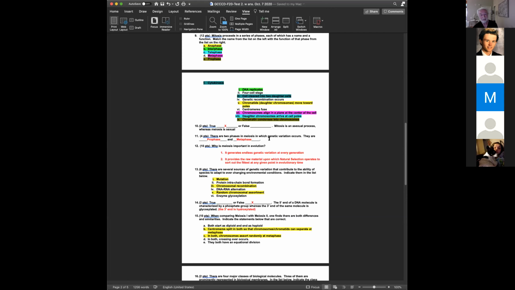And the second part that we talked a lot about in lecture is that natural selection then uses the raw material that's generated by meiosis to sort out the fittest individuals at any given point in evolutionary time. So some of you got full credit on this. I gave partial credit for partial answers, but these two points are what I was looking for.